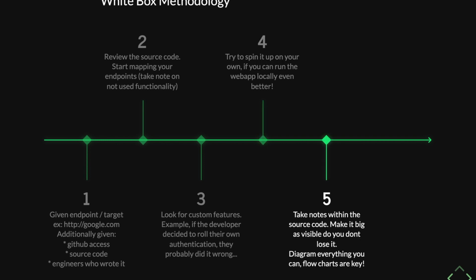Cool. So another big thing, especially when you're doing any sort of source code review: take notes within the source code itself. The problem that I often see is people will take very small notes in the source code, whether on the same line of something they're looking for, or a little note on top of a function, like, oh, this might return this, or this might be a problem.